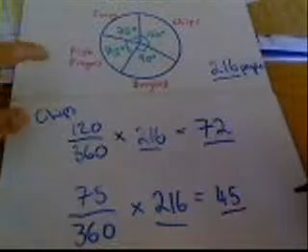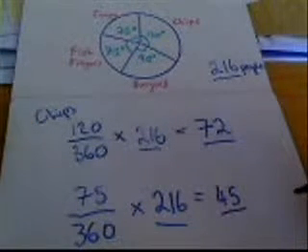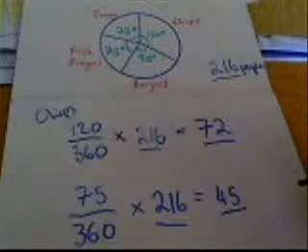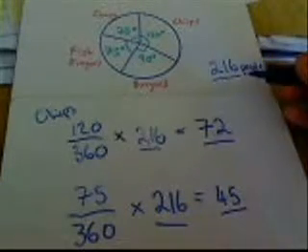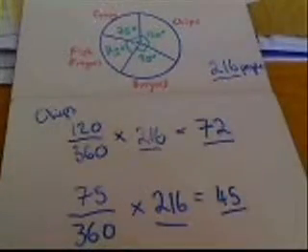So if I ask you the question of this pie chart, how many people like fish fingers out of 216, that's how you'd work it out.